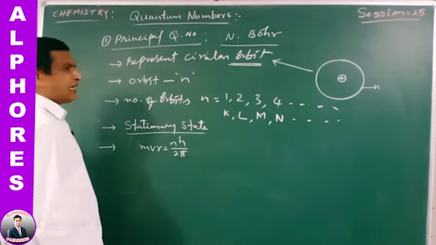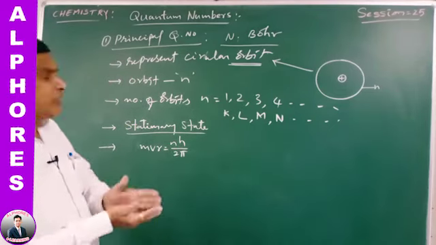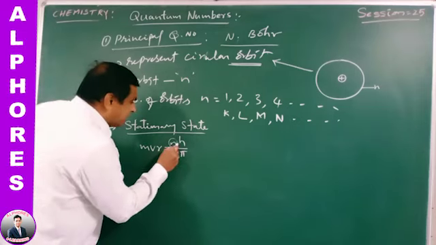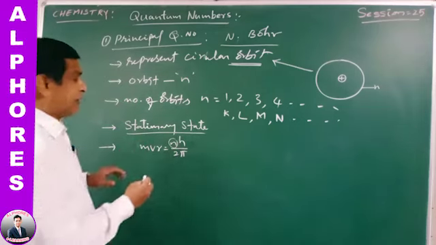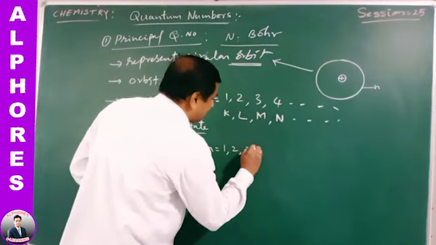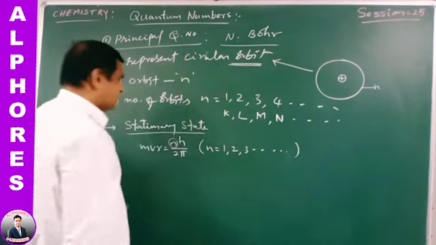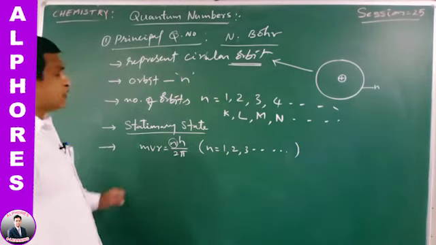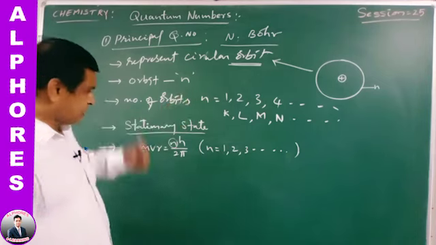Angular momentum of the electron revolving in the orbit is quantized. mvr is equal to integral multiples of h by 2 pi, where n is an integer 1, 2, 3 and so on. That is concerned with the angular momentum of the electron revolving in the orbit.